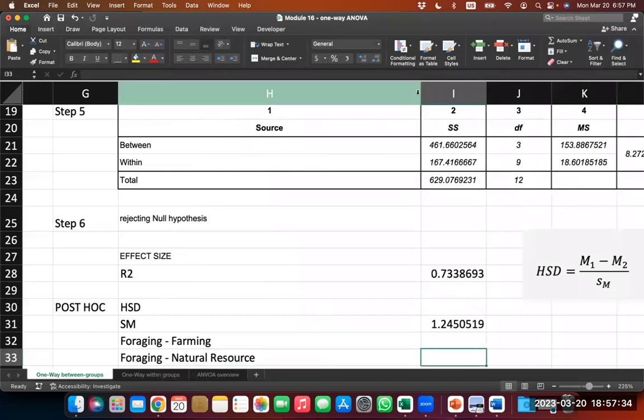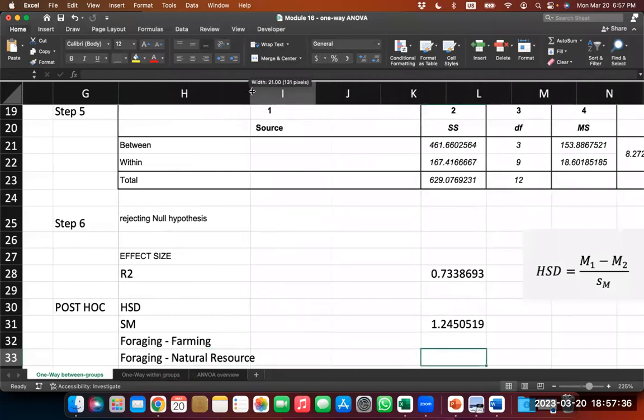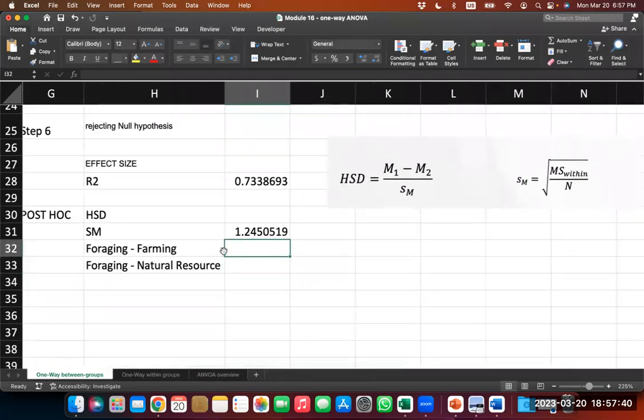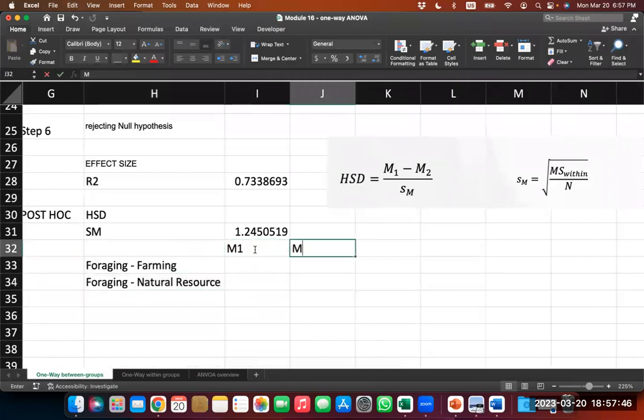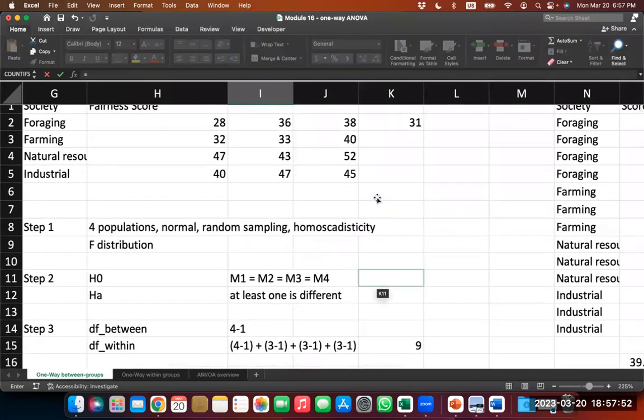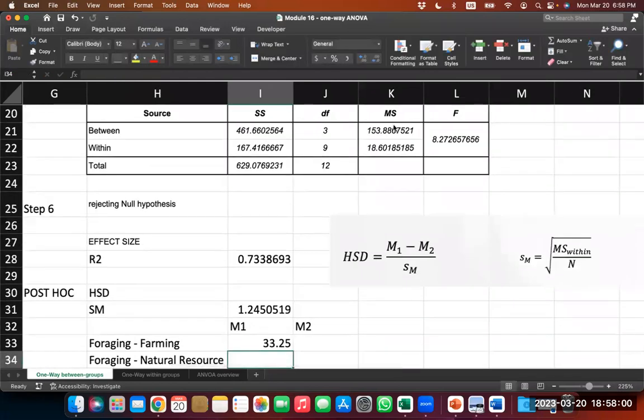So we have now the averages. Let's see, there's M1, M2. So foraging is the average of those four.